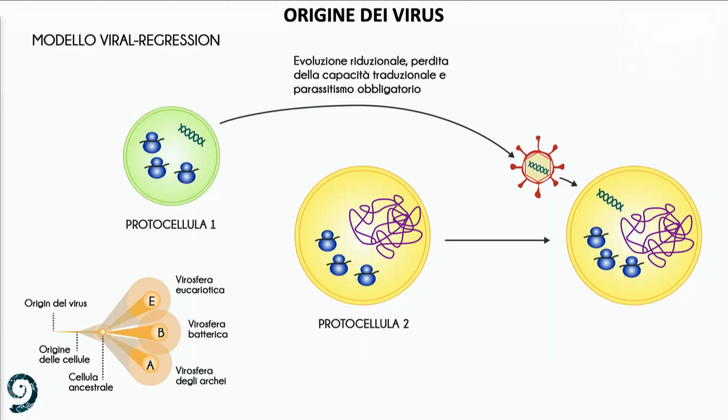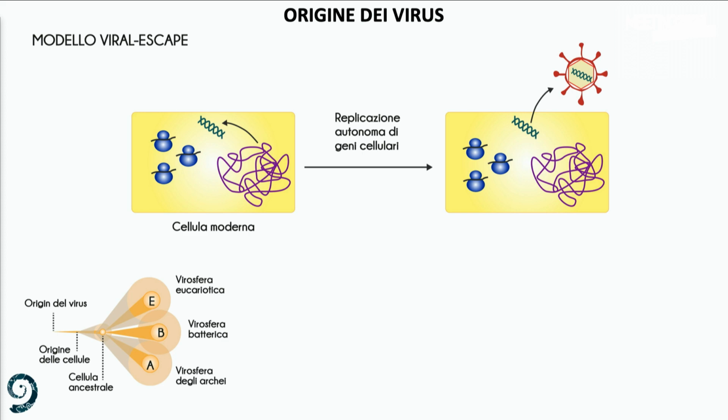So first, there is a protocell, and through reductionist evolution, there were portions of the cell that were lost, and then we have a protocell, which is simplified, and it evolved, becoming a parasite.